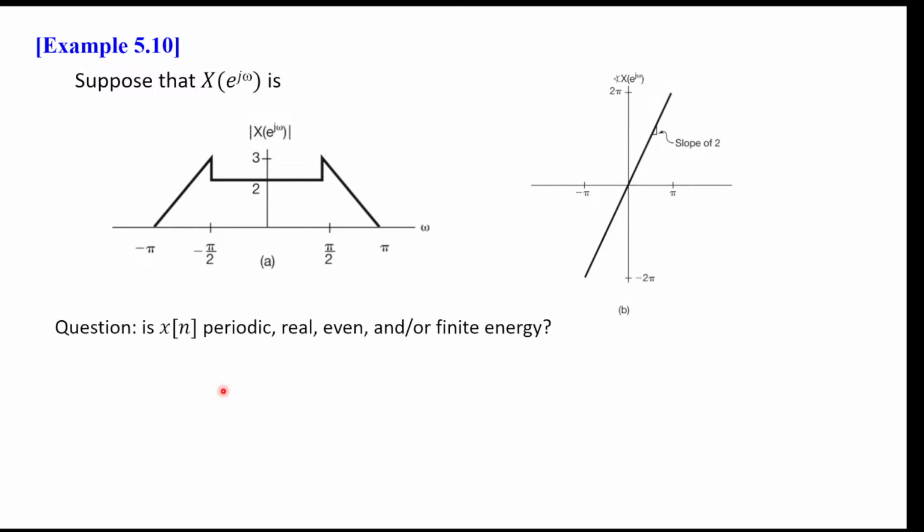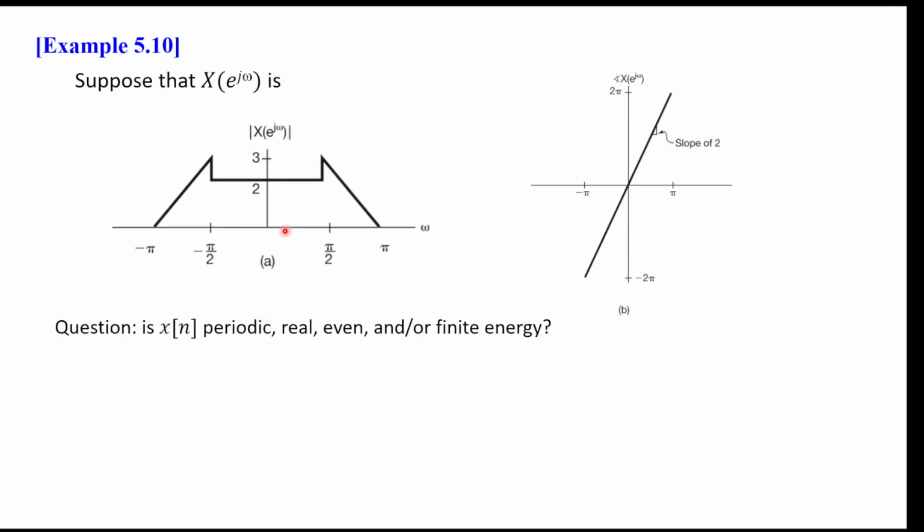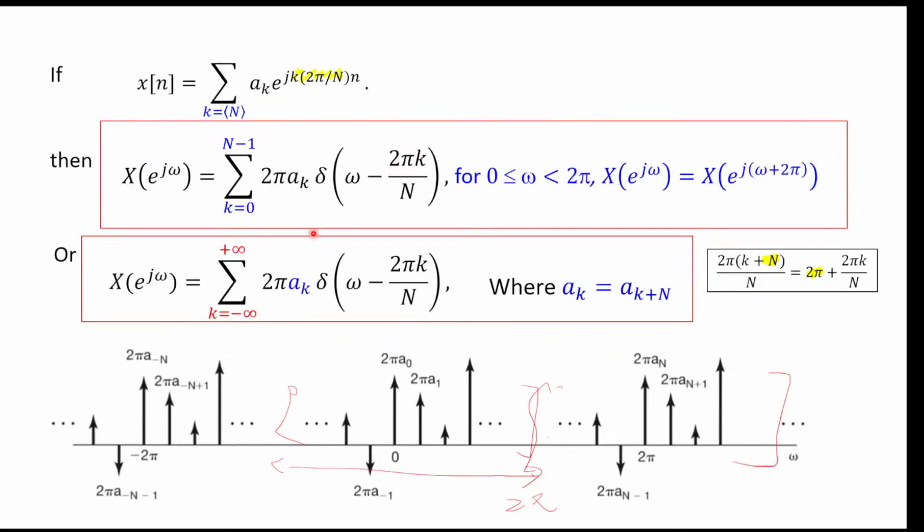And this is quite obvious just because the thing is not singular. We talked in the previous class that for a periodic signal, you will get a linear combination of a whole bunch of impulse trains. So for a periodic signal, the Fourier transform should be 0 everywhere except for a whole bunch of spikes.